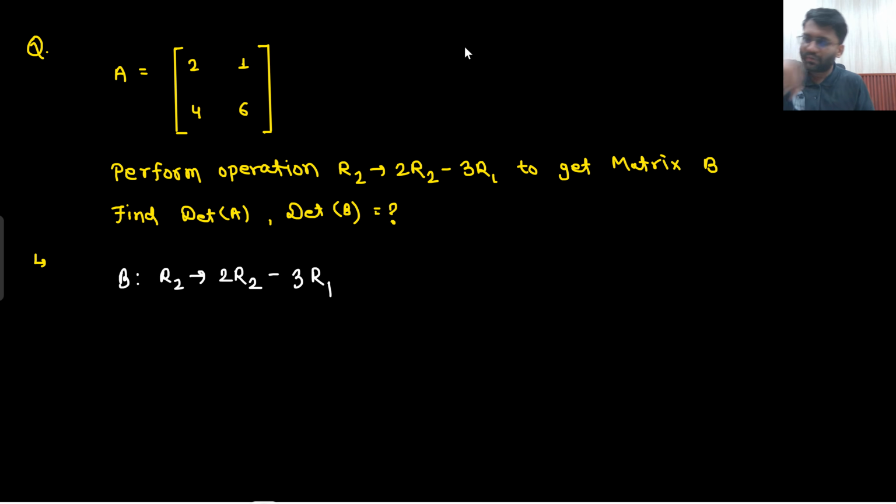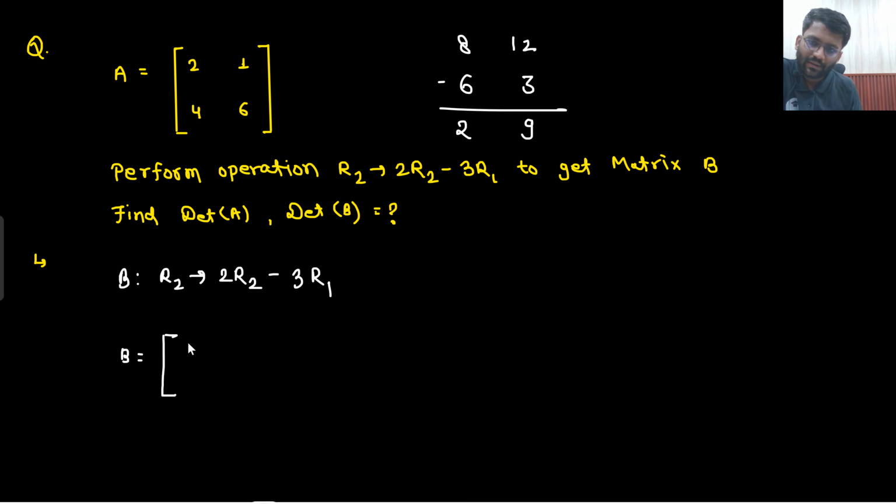Twice of row 2 will be 8, 12. Thrice of row 1 will be 6 and 3. Subtracting them will give you 2 and 9. So your matrix B would be 2 1 and 2 9.